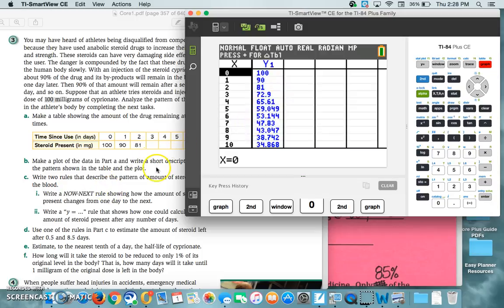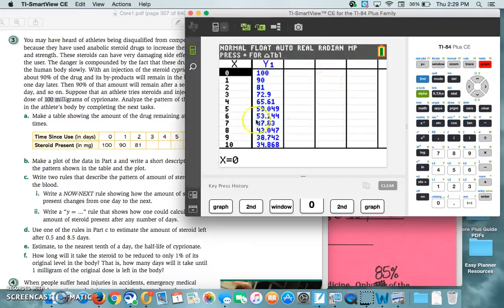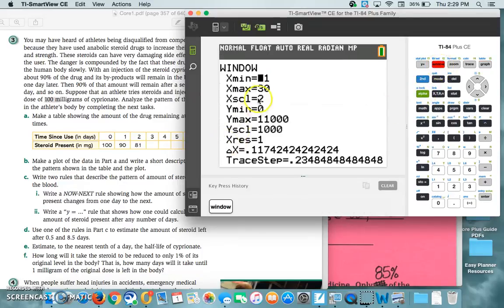I'm not going to worry about making a plot on graph paper. However, I can make a plot based on my y values and my x values if I change the window. My x min can be -1 just so I can see the y-axis, and let's make the maximum 15 days, counting by 2.